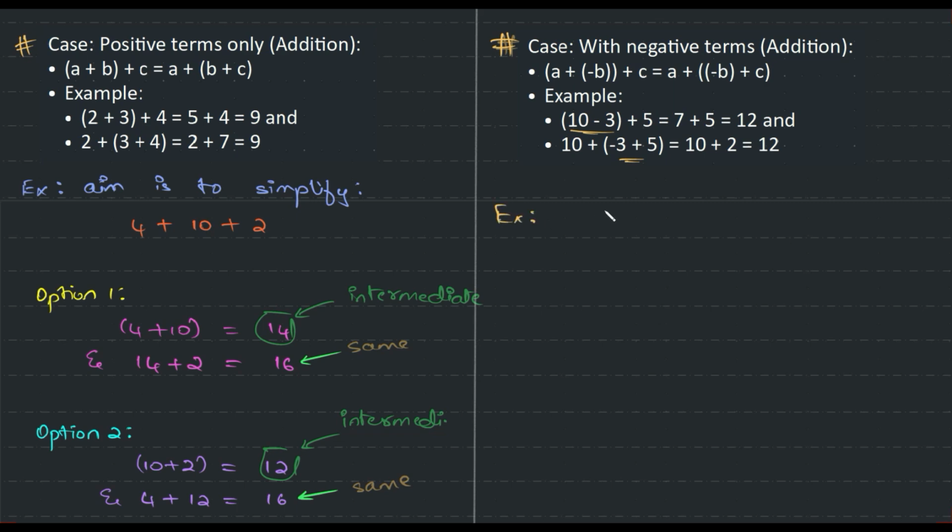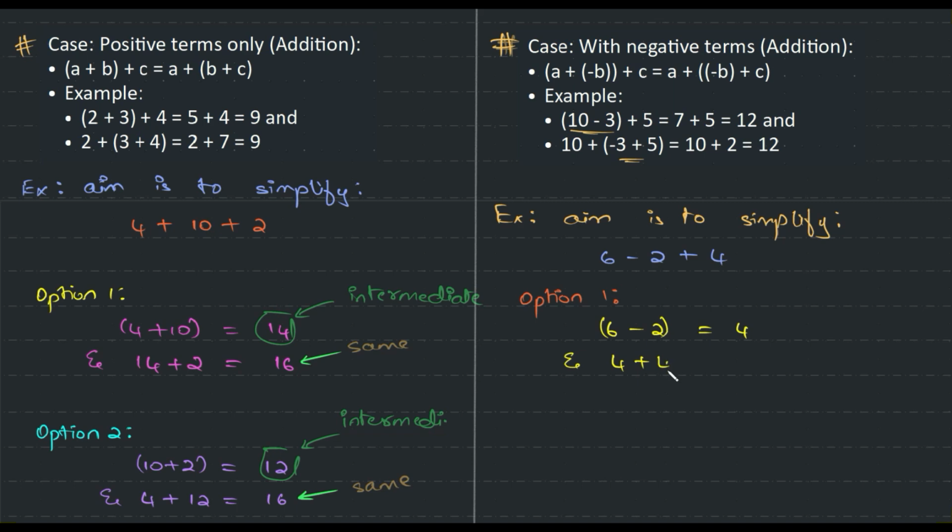Again, example. Aim is to simplify, say, let me take some other number, 6 minus 2 plus 4. So I can go with two ways. Option 1, first I can do 6 minus 2, which is 4.